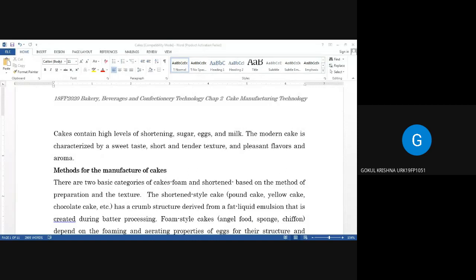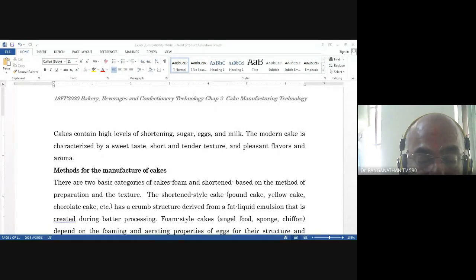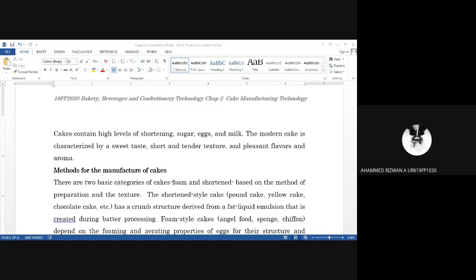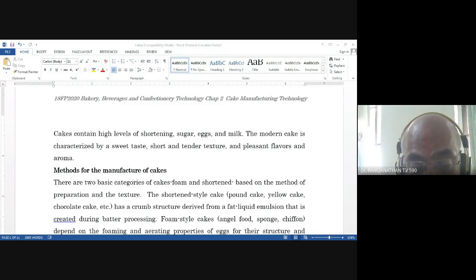Apart from that, how will you differentiate a biscuit, a bread and a cake? Biscuit has a hard texture.